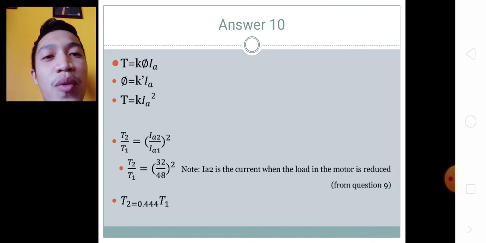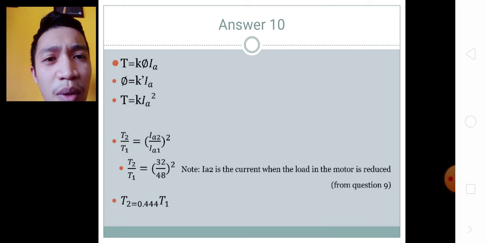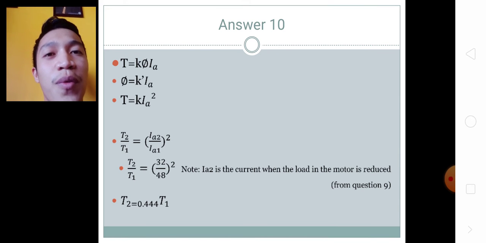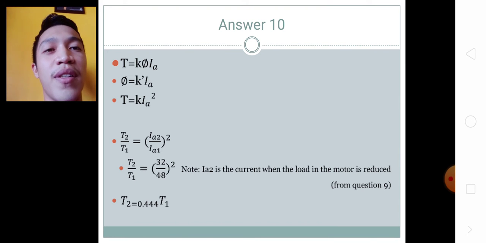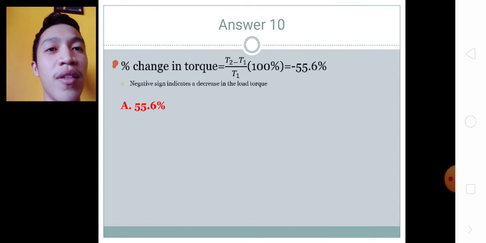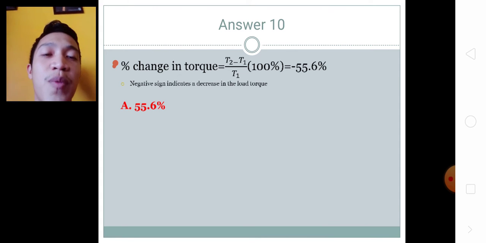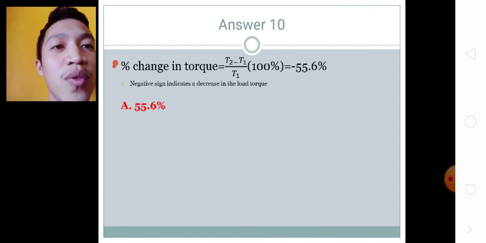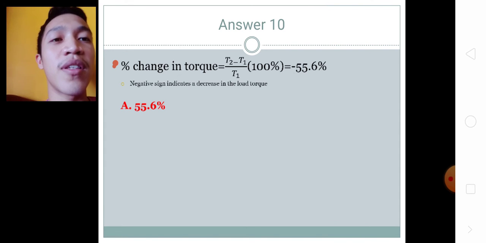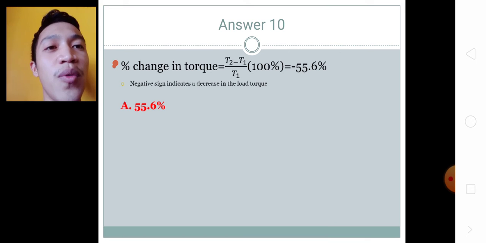So our T2 is equal to 0.444 T1. Then we plug that into the formula, where the percentage change in torque is equal to T2 minus T1 over T1 times 100%. And our T2 is 0.444 T1, minus T1, over T1, times 100%.